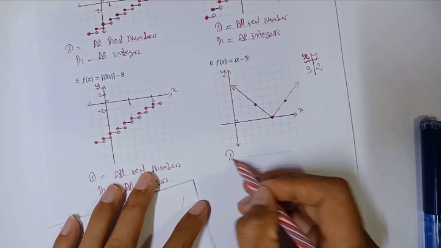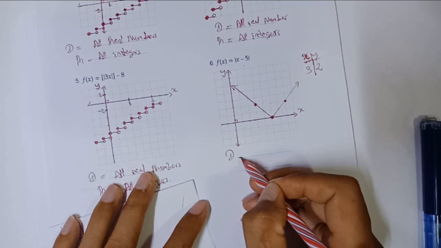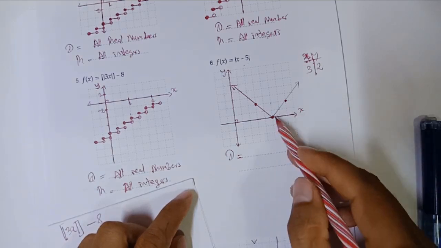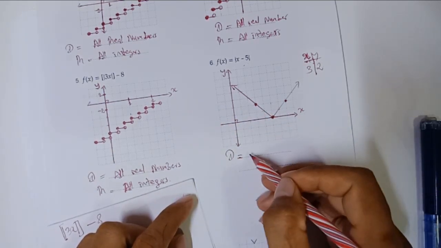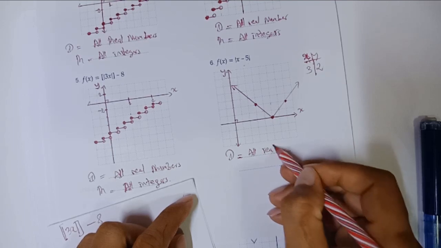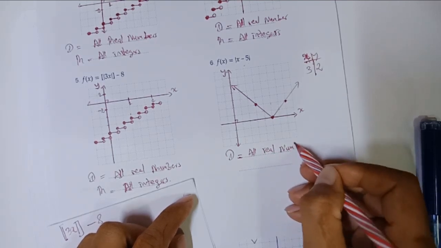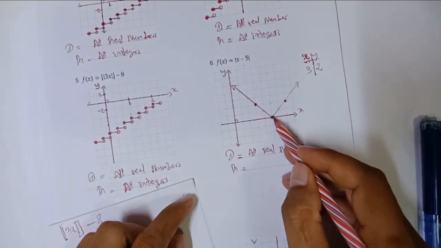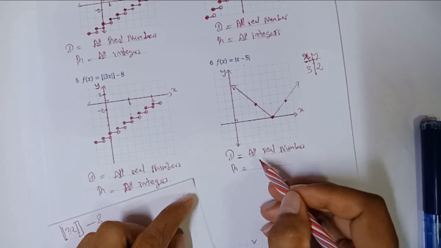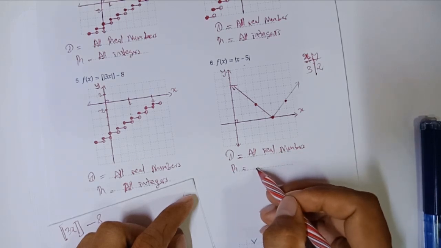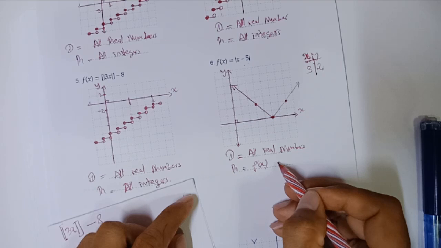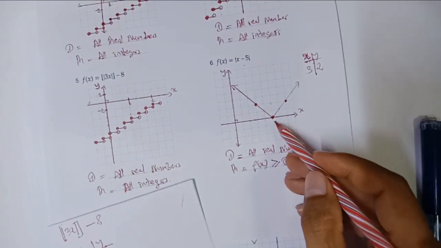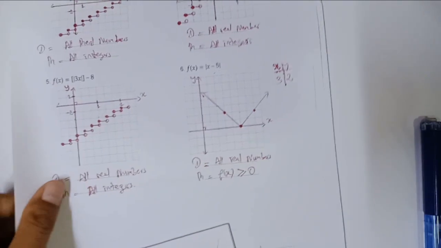Now for the domain, in this particular case, it extends both directions, to the left and to the right. This is all real numbers for domain. Now for the range, as you can see, it's starting from 0 and upward. So you can say that f of x is greater than or equal to 0, which means from 0 upward. Let's move on to other numbers.